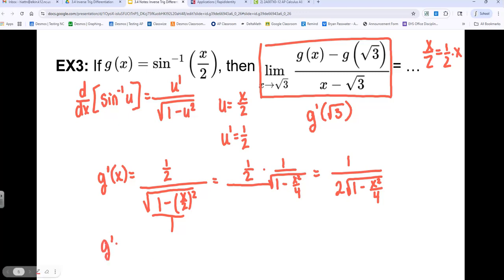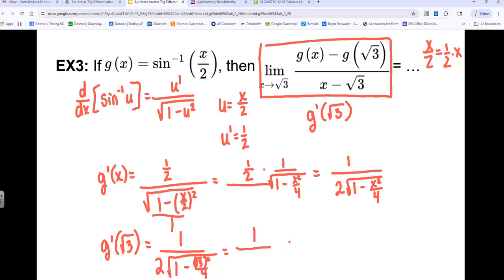So now we want g prime of the square root of 3, which means we'll have 1 over 2 square root of 1 minus the square root of 3 squared over 4. What's the square root of 3 squared? 3. So we got 2 square root of 1 minus 3/4.